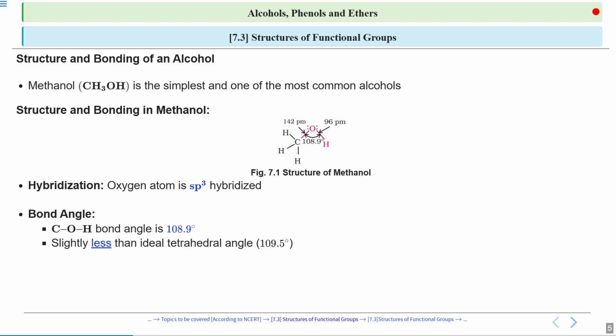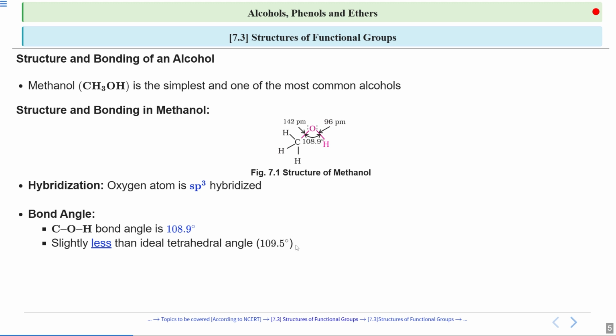The hybridization of the oxygen atom is sp3, and as per the hybridization, the structure should be tetrahedral. But the COH bond angle, 108.9 degrees, is slightly less than the ideal tetrahedral angle of 109.5 degrees.